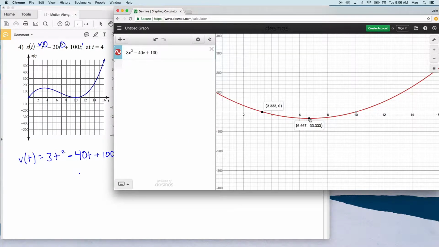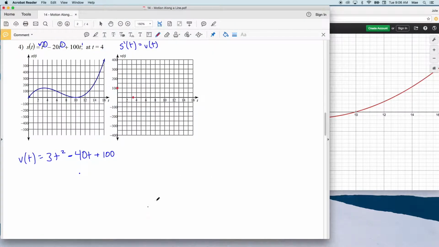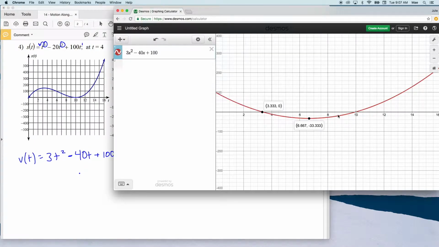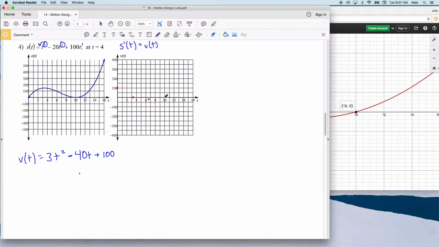Our minimum occurs at the point (6 2/3, -33 1/3). So I'll plot that. Our next intercept, or our next t-intercept, in this case, is (10, 0).